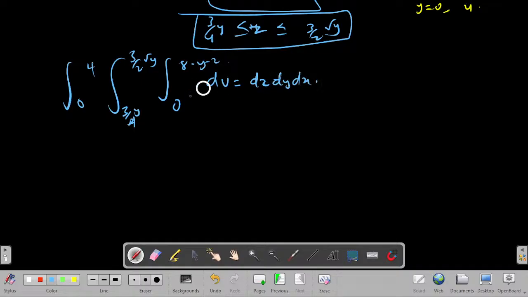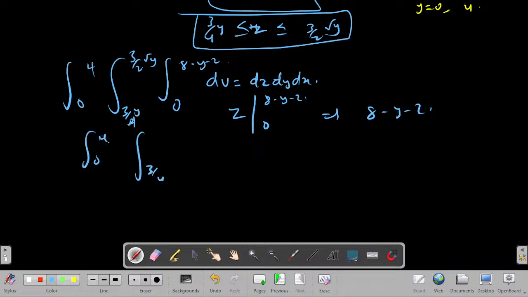At this point, what do I do? I integrate. Here there is nothing, it is 1. So my first integral will be what? 1. We are integrating with respect to z. So my first integral will be what? z, and my upper and lower limits 0 to 8 minus y minus z. That gives me 8 minus y minus z. So I have 0 to 4, 3 over 4y to 3 over 2 root y, 8 minus y minus z dy dx.